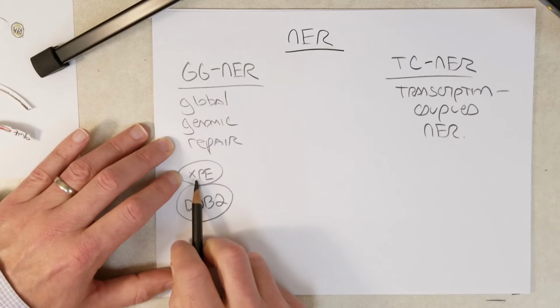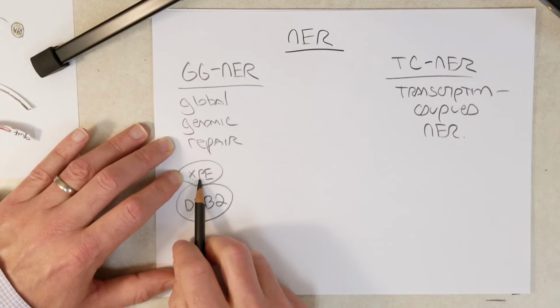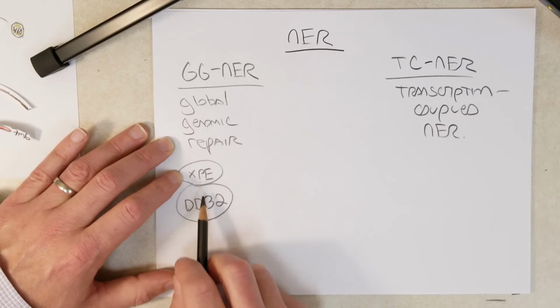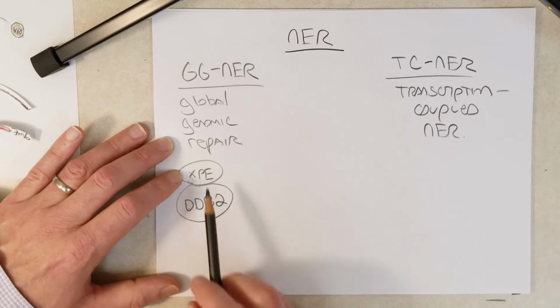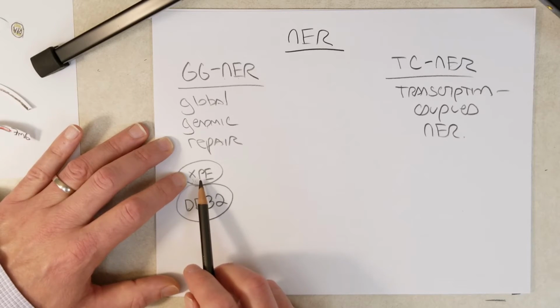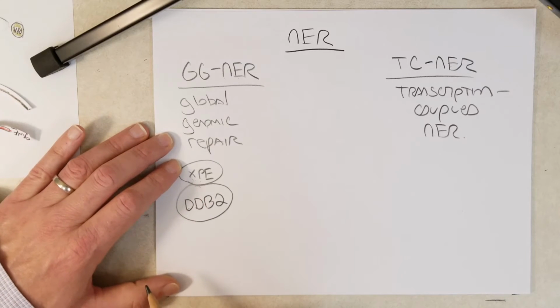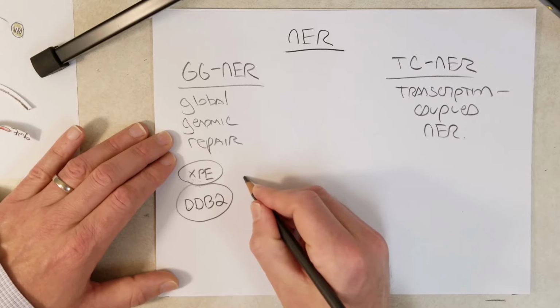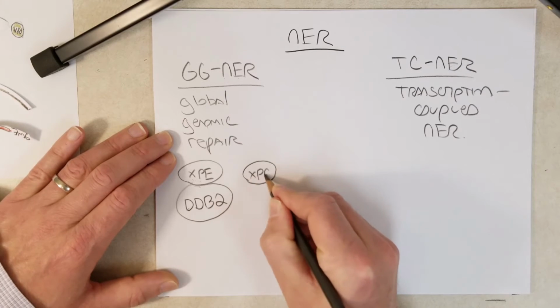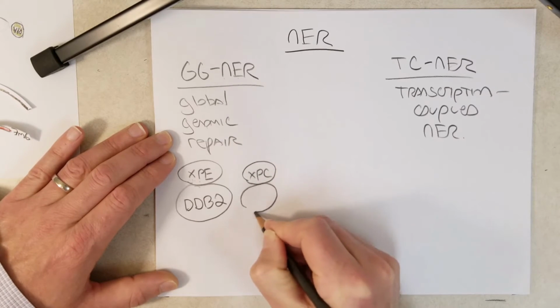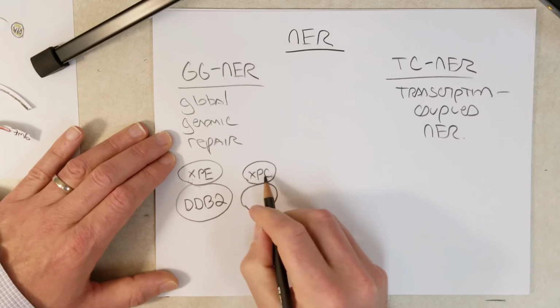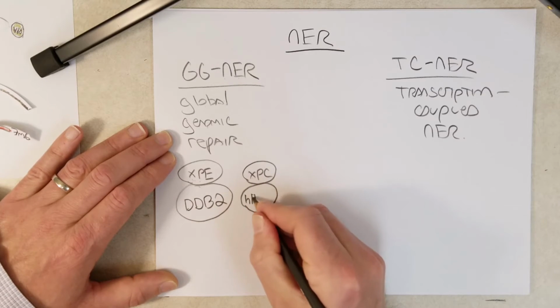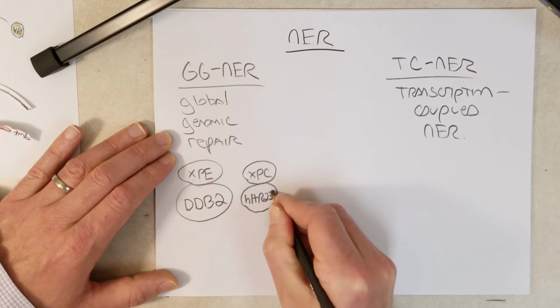You can probably guess where the XPE came from: researchers discovered these proteins while studying xeroderma pigmentosum, or the causes of xeroderma pigmentosum. And the other complex that can detect these CPDs is XPC-HHR23B.